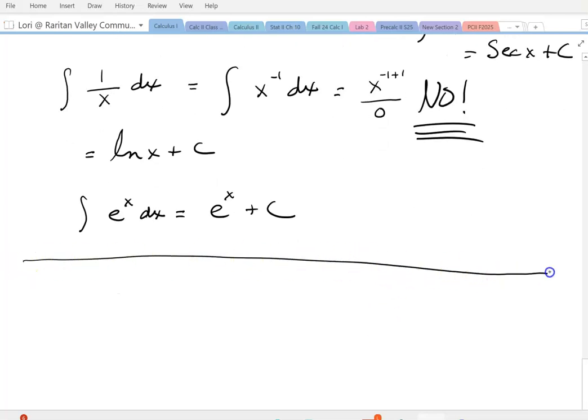One more example. So how do we narrow it down from this whole family of functions?